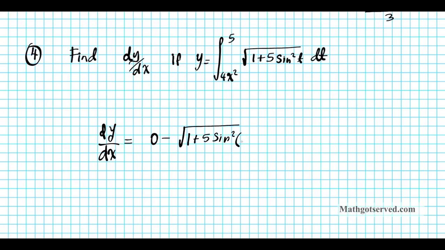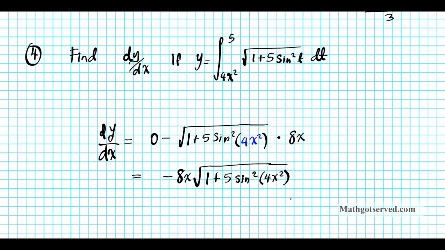Instead of t, you're going to put in the 4x squared right there, and then multiply this by the derivative of 4x squared. So the derivative of 4x squared is 8x. Okay? So if you simplify this a little bit more, your final answer will be negative 8x times the square root of 1 plus 5 sine squared 4x squared. This is an application of FTC part 1.